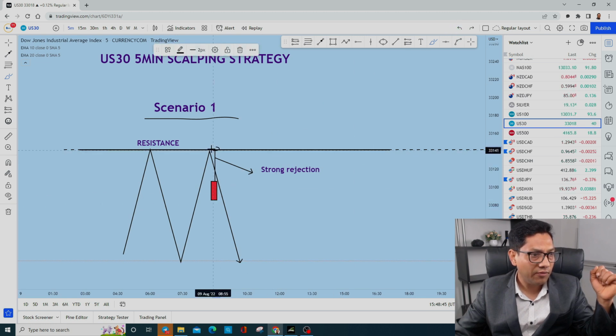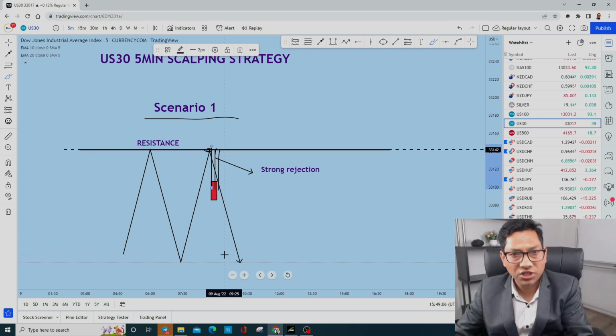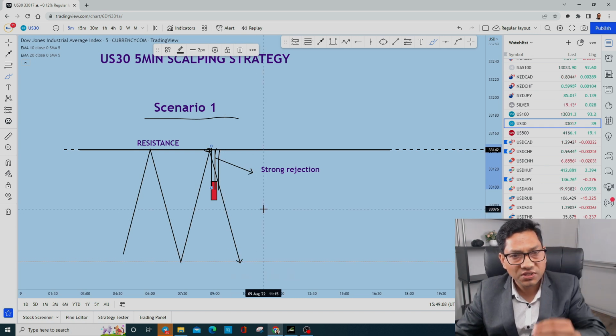After coming here, for example, strongly rejected by the sellers, it created a very long wick candle with, let's say, a long red body or any kind of body, but strong rejection. Or probably a green candle closed here and then a full body red candle immediately went down with a strong rejection. Okay, this is the first scenario.